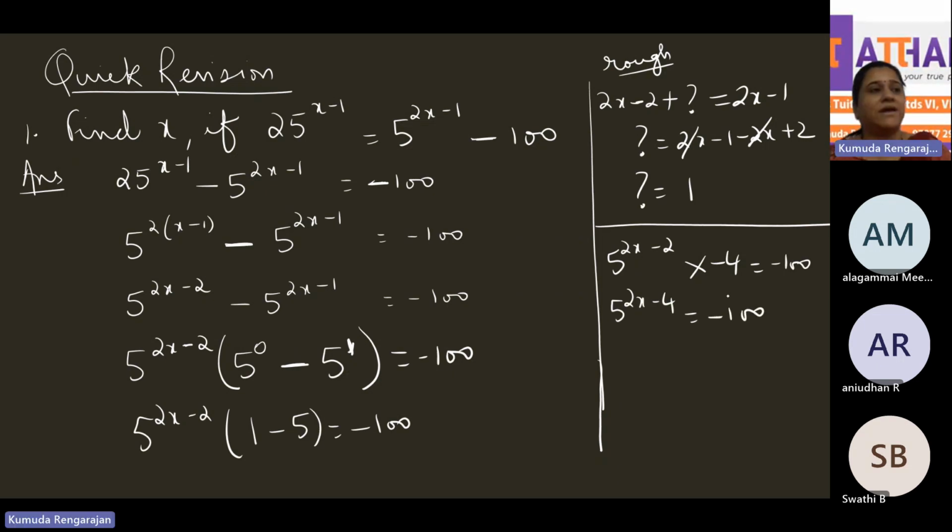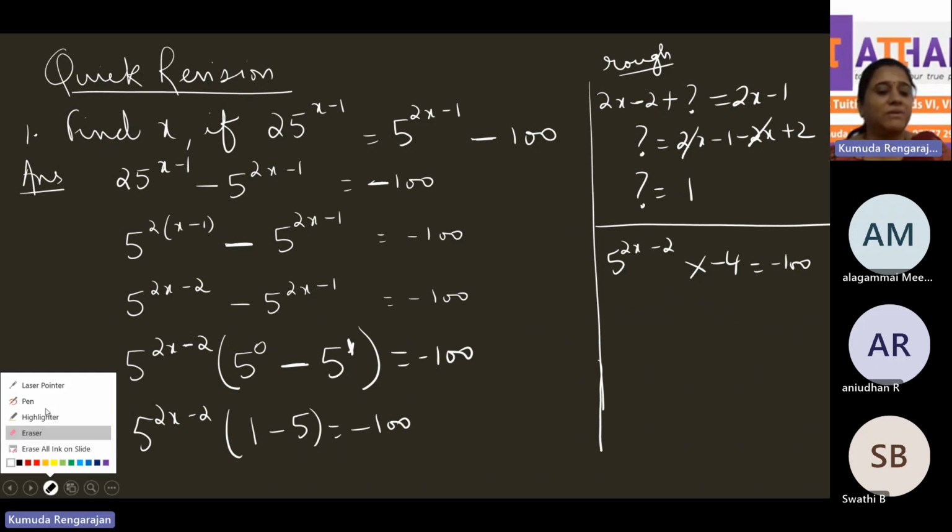Minus 4 on the other side, it will become what? Divided by minus 4. Minus 4 is in multiplication.